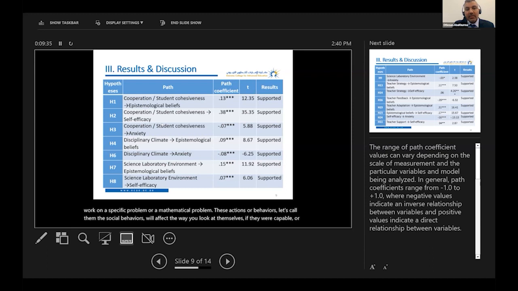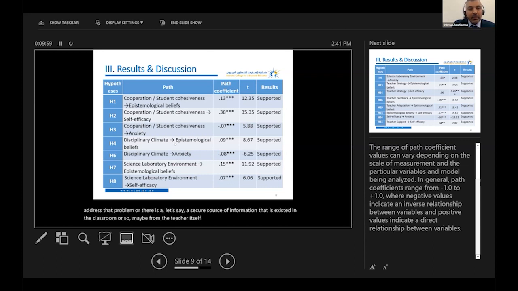For example, this self-efficacy will be increased significantly because they feel that there is someone in that classroom who will help them to address that problem, or there is a secure source of information in the classroom, maybe from the teacher itself.